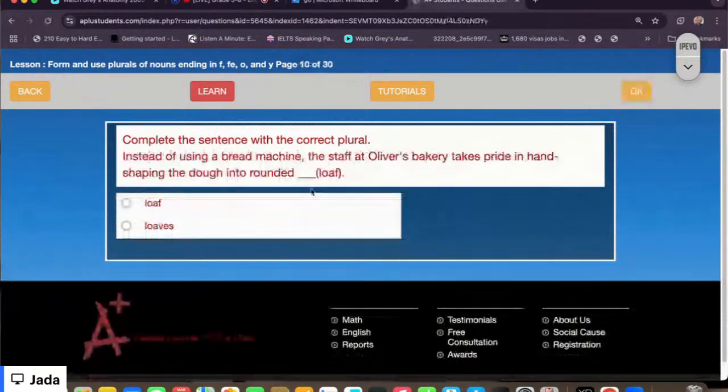Alright. Instead of using a bread machine, the staff at Oliver's Bakery takes pride in hand shaping the dough into rounded loaf.